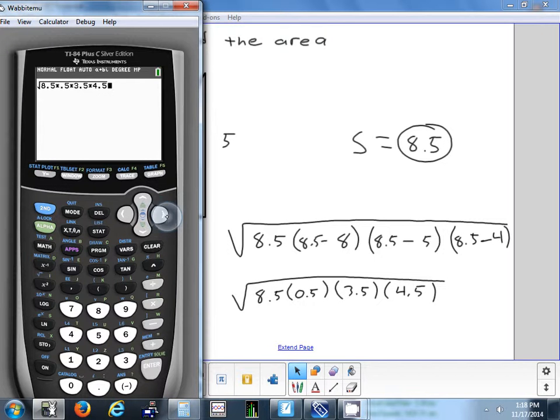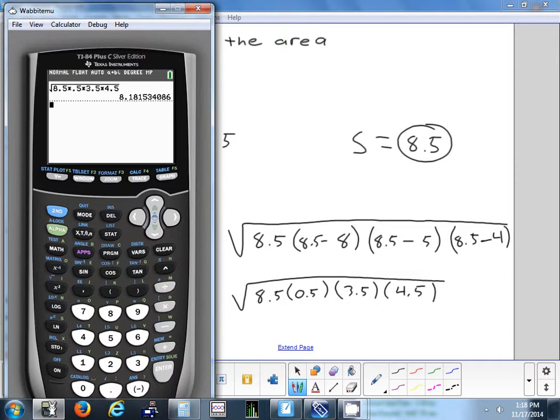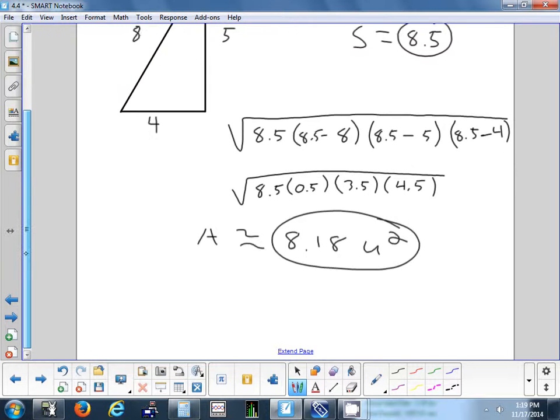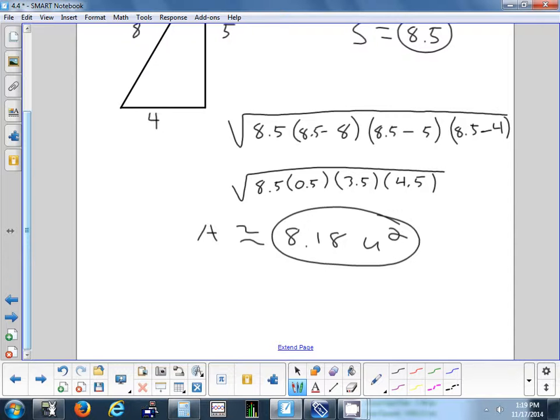Just make sure you got it all typed in right. And you get about... Oh, that's what everyone got? Yeah. Okay, so about 8.18. Great, good. So the area is about 8.18 square units. Okay, any question on that one?